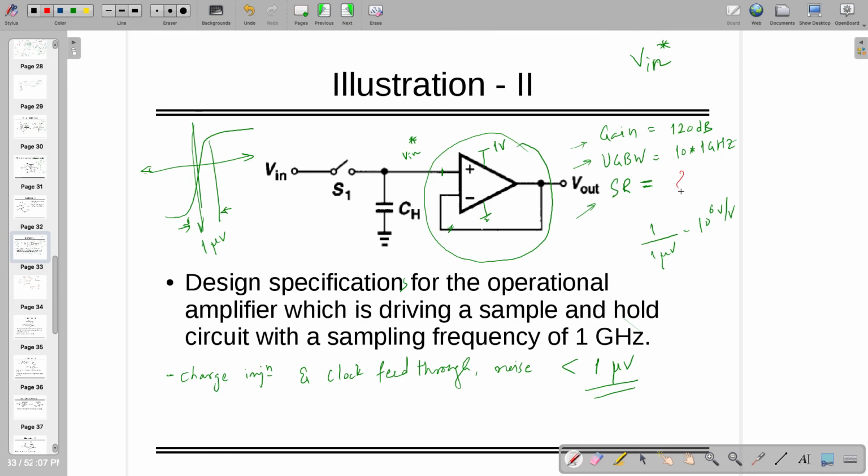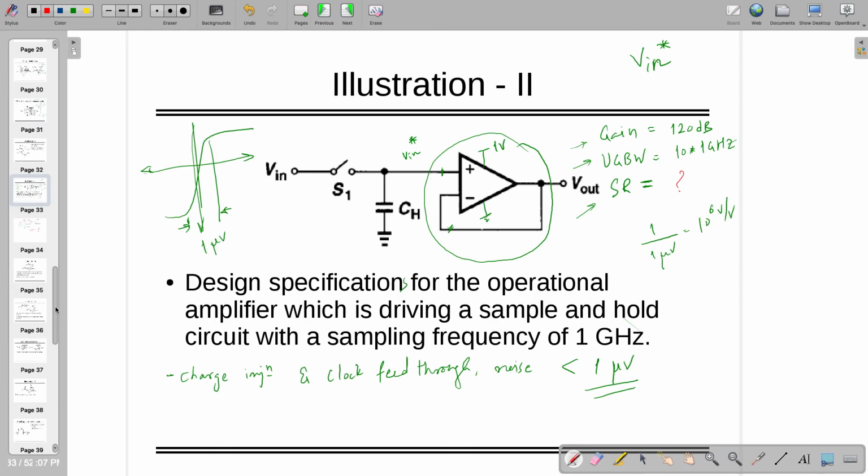Then maybe we can talk about other things next time, and then we'll go to the GmC filter or switched-cap filter. Have you studied by chance any filters? Have you studied filters ever, Siddhant? Any filter? Normal filter? Okay. What have you studied in filters? Low pass filter, high pass filter.